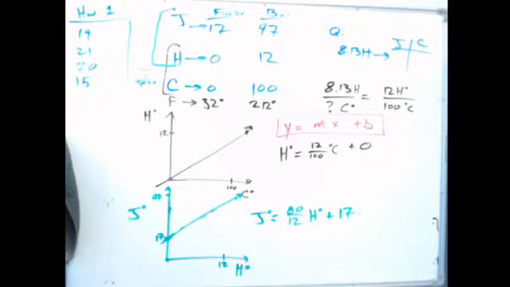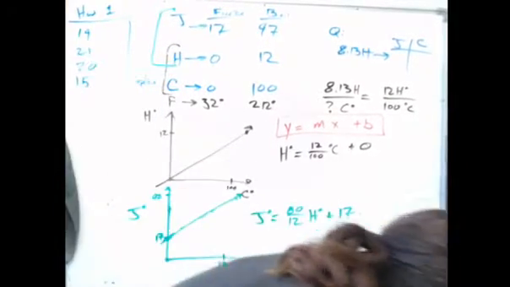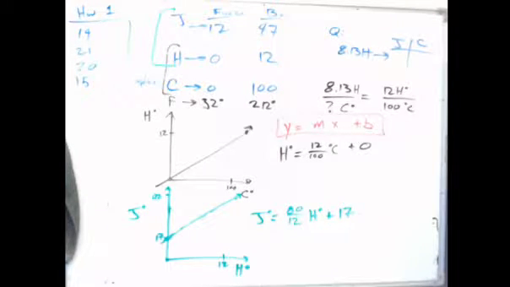You guys have an answer for jackals? What did you get for jackals? I got an answer, but I don't know if it's right. I got 71.2 jackals and then 67.8 Celsius. But I think I might have done it wrong.